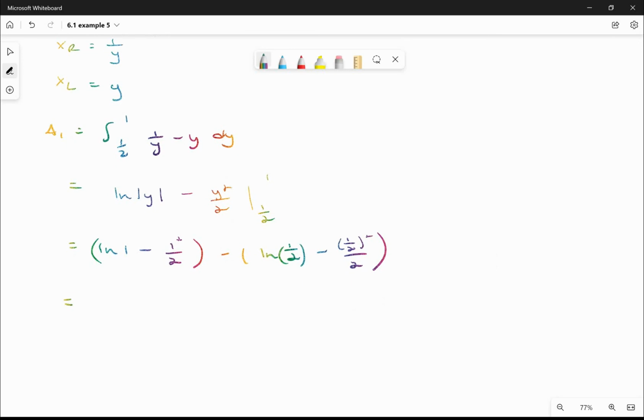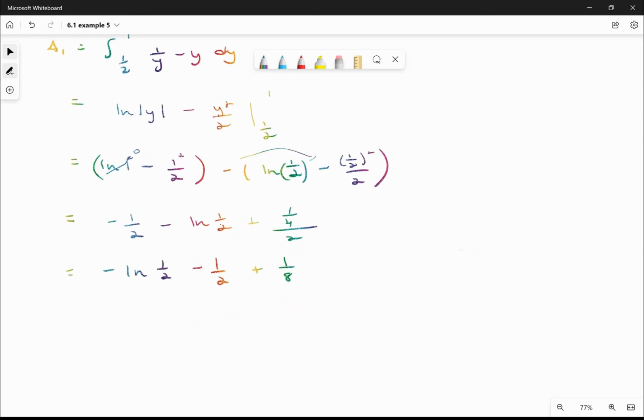We know ln of 1 is 0, so this is negative 1/2 minus ln of 1/2. Distributing the negatives, we get plus 1/2 squared, which is 1/4, over 2, so that's 1/8. So this is negative ln of 1/2 minus 1/2 plus 1/8.